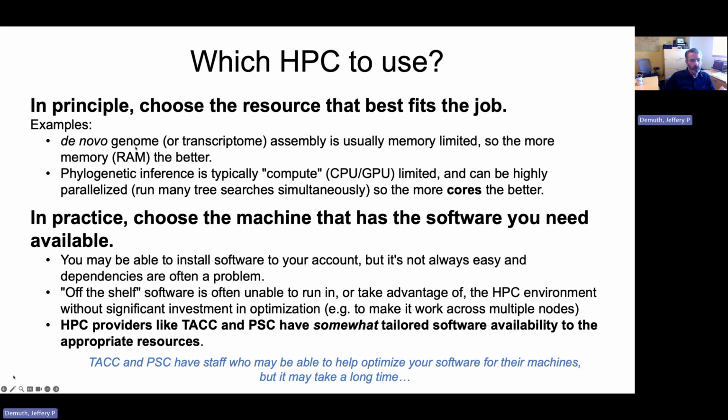If you're going to do de novo genome or transcriptome assembly, that's a situation where you have millions and millions of short reads where the efficiency or the speed that that job completes is going to be determined by how many of those reads can it hold in memory, because it's doing all versus all comparison to see which ones match up with each other. So the more RAM you have available, the more reads you can simultaneously store in memory, the faster that job will be.